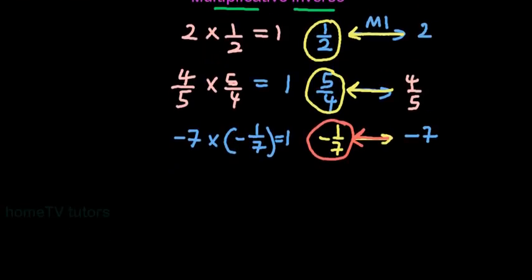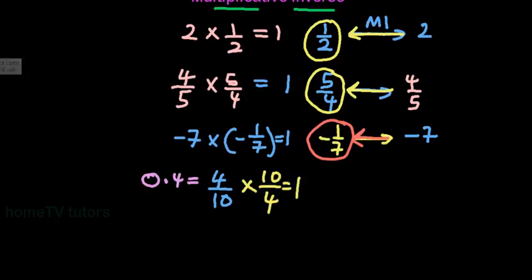Alright? The same thing applies when we have a decimal number 0.4, which shall first be converted to a fraction, which is 4 over, the decimal point will move to the right one time, so we have 4 over 10, which shall be multiplied by 10 over 4, and that will give us 1.